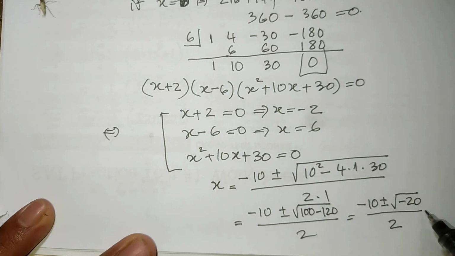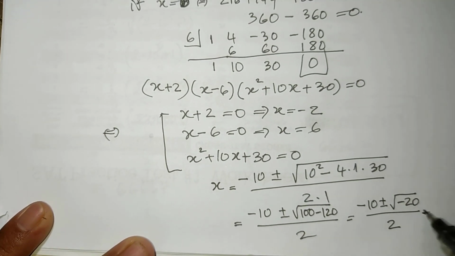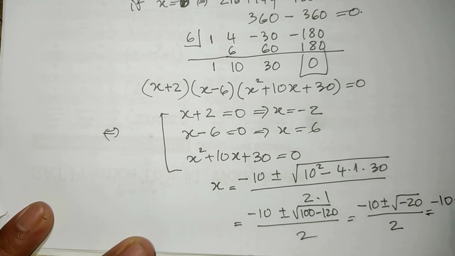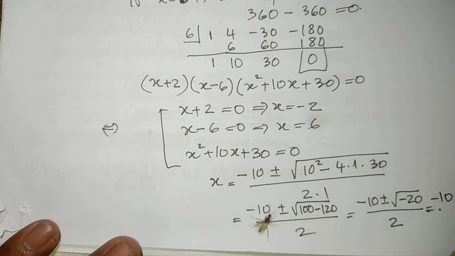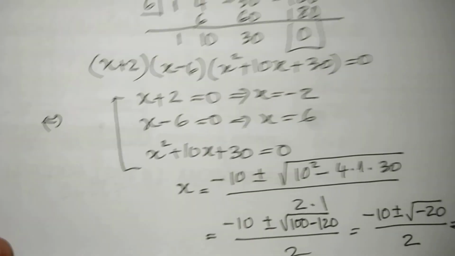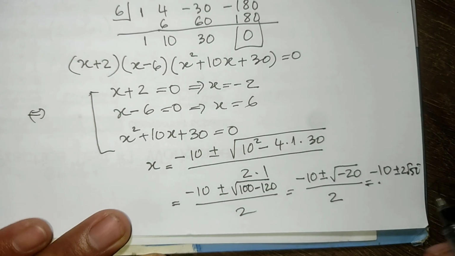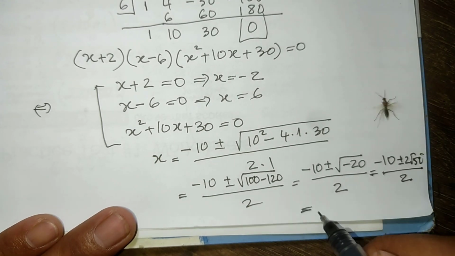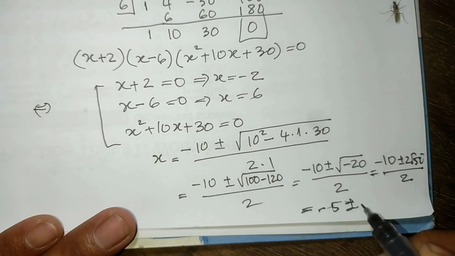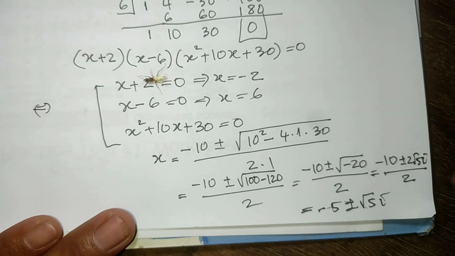This equals minus 10 plus or minus 2 square root 5 i, divided by 2, and we get minus 5 plus or minus square root 5 i.